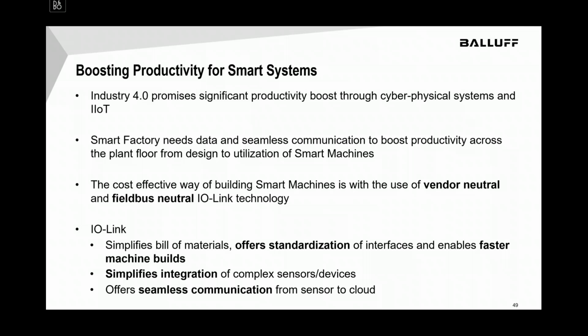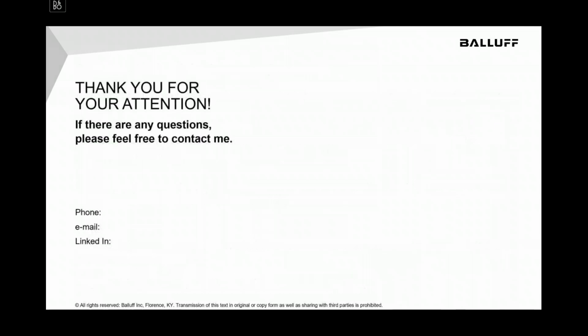And IO-Link offers that vendor neutral, fieldbus neutral interface, which is most cost effective because there's no need for different cabling, different type of things. It simplifies your bill of materials, offers standardization of interfaces. Hopefully it simplifies the integration for you as well, and offers that seamless communication from sensor to the cloud level. If there are any questions, I'm here for a few minutes.